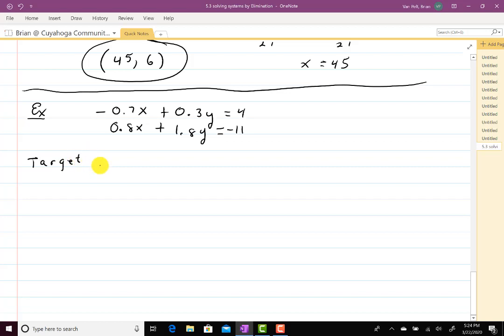Target x for elimination. And so let me write my equations down again.